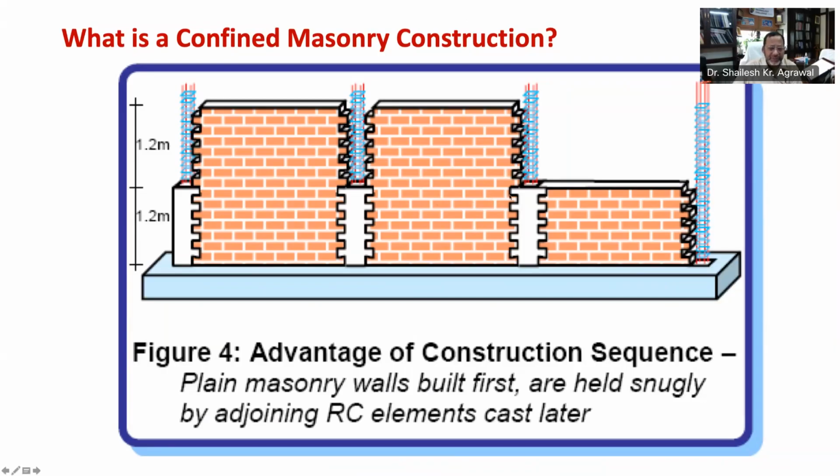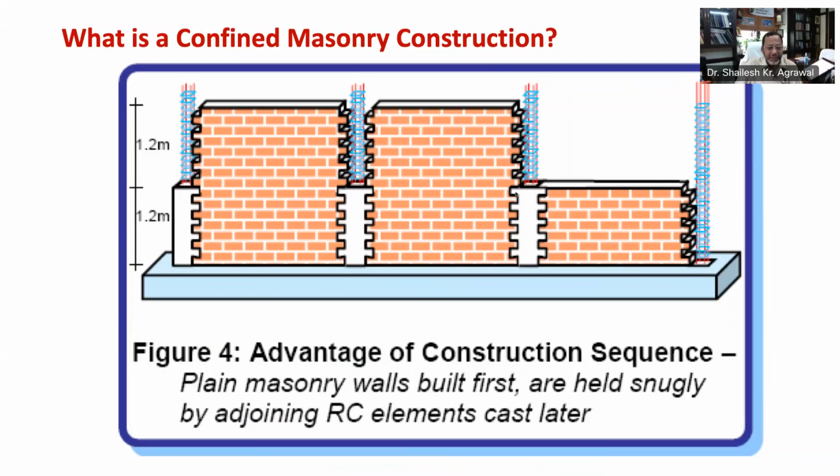Further, confined masonry houses are more economical for the same functional use. For these reasons, confined masonry construction is more suitable for low and medium rise housing in earthquake prone areas than RCC frame construction.